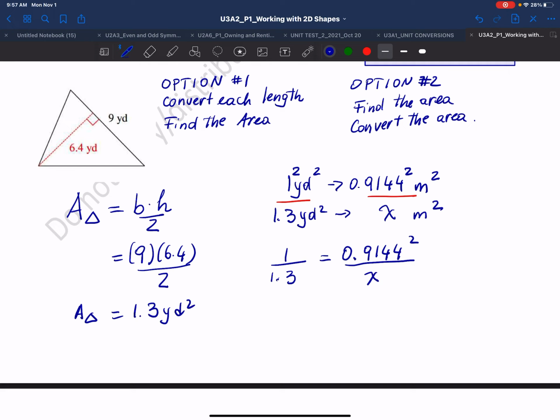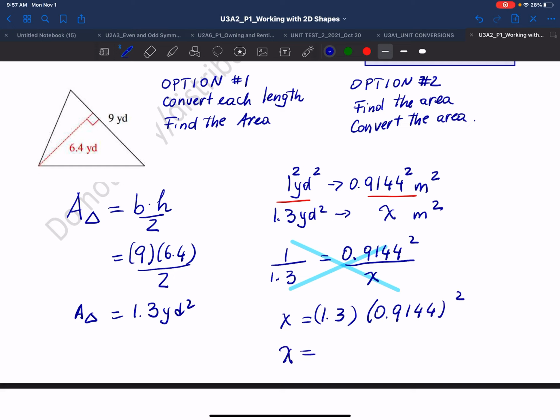I'm going to leave it in squared form in here to simplify the calculations. And let's do it differently than we did in the previous question. We multiply x by 1, and then 1.3 by 0.9144 squared.